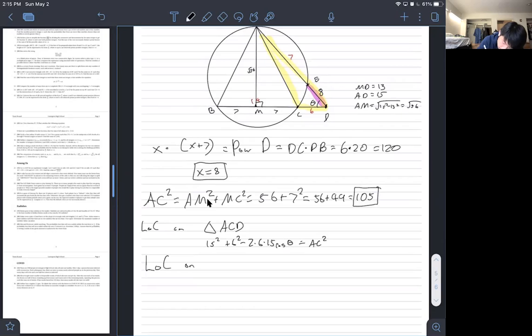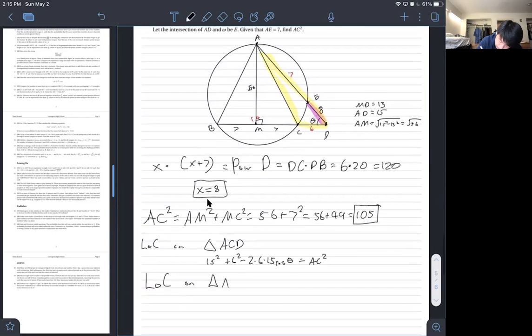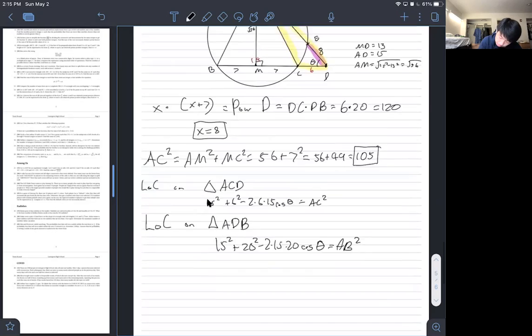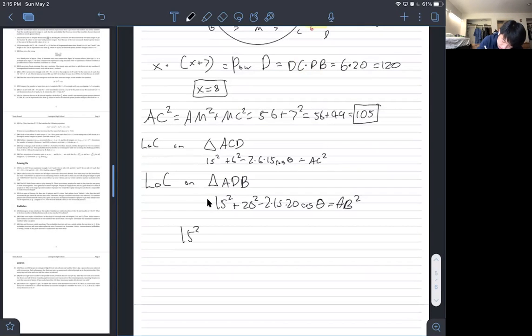Law of cosines on triangle ADB becomes 15 squared plus 20 squared minus 2 times 15 times 20 cosine theta equals AB squared. Since AB equals AC, this becomes 15 squared plus 6 squared minus 2.